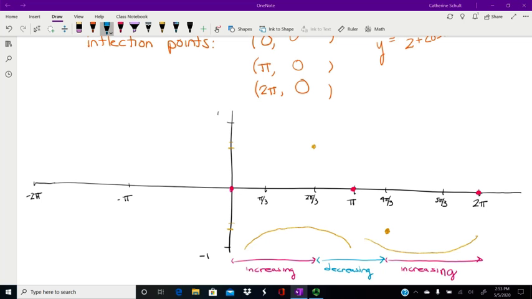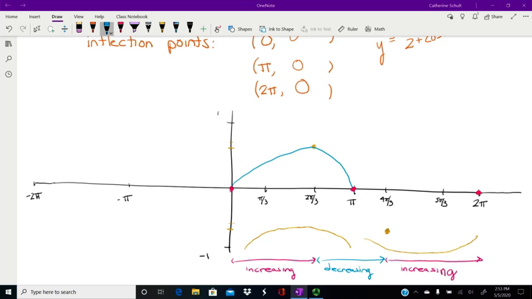So here we are at 0. We're going to increase to the local max, and then we're going to decrease to pi. And then at that point, our curvature is going to change. Maybe look something like this. We're going to decrease to the local minimum, and then we're going to increase back up to pi. Oh, I missed it.